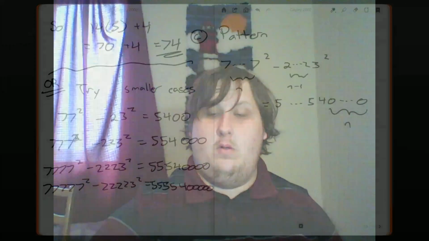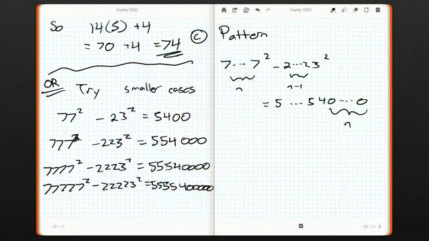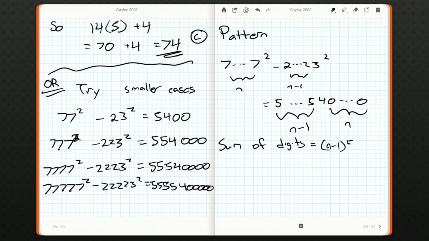We can do this not just for the one that they gave us in the question, but for anything fitting this pattern. Okay? So how many 5s do I get? Well, when I had 2 7s, I had 1 5. When I had 3 7s, I had 2 5s. When I had 4 7s, I had 3 5s. So I'm going to have n minus 1 5s. So the sum of the digits, well, the zeros don't do anything. N minus 1 times 5 plus 4.